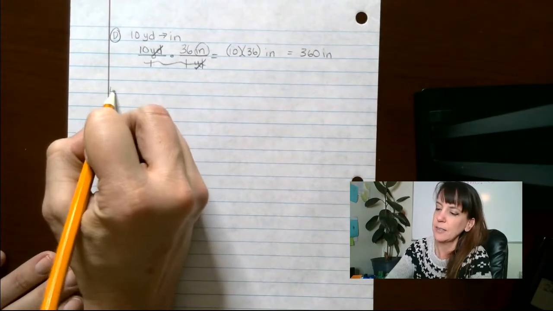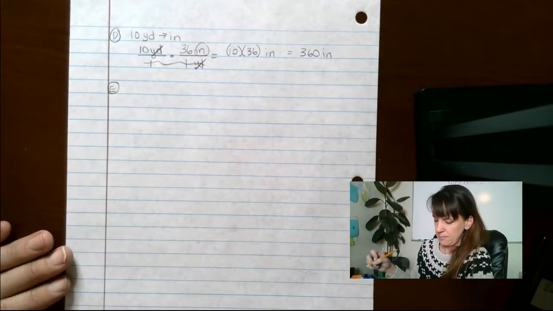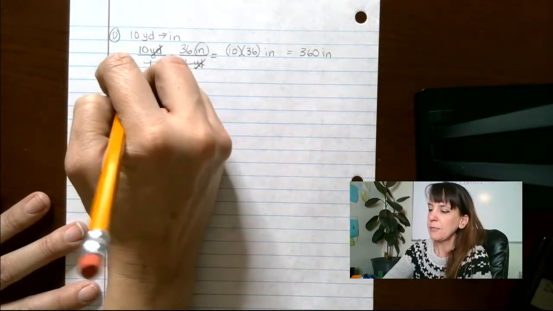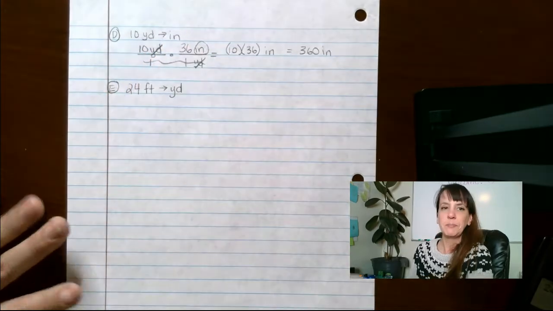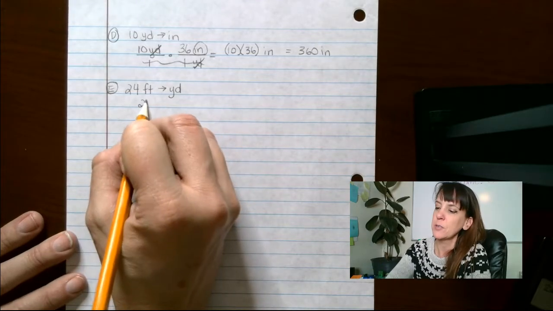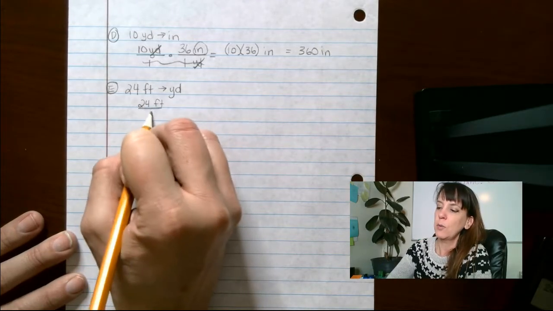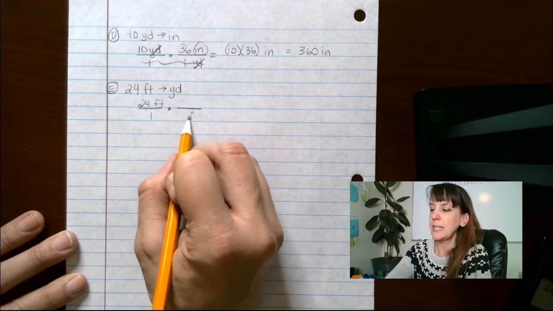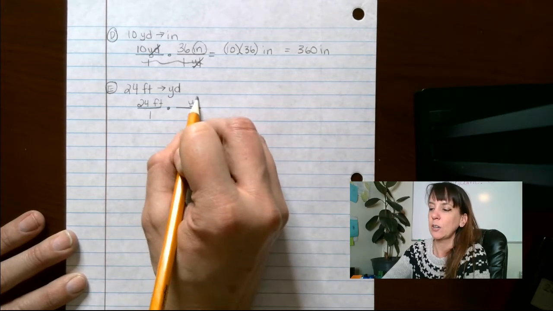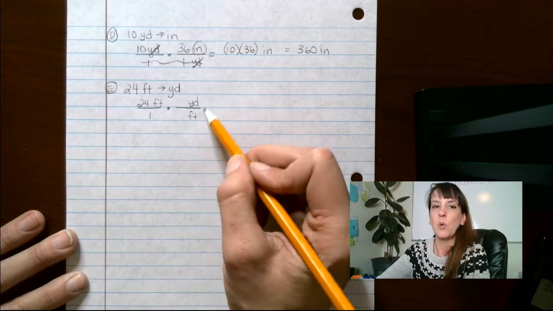Okay, D. E. 24 feet is how many yards? 24 feet to yards. So 24 feet over 1 times, now we have feet upstairs here, so they have to go downstairs here, and we're going into yards. Now I need to make this thing equal 1.